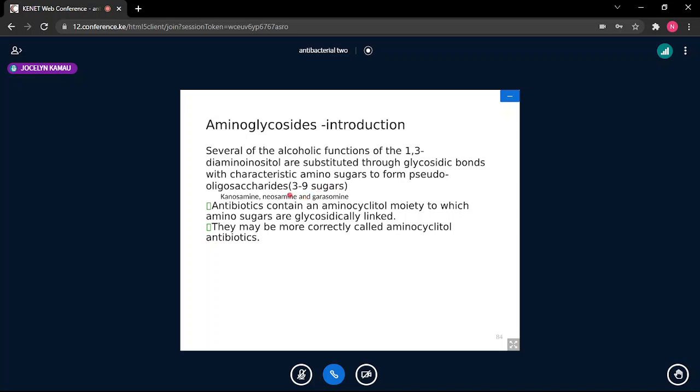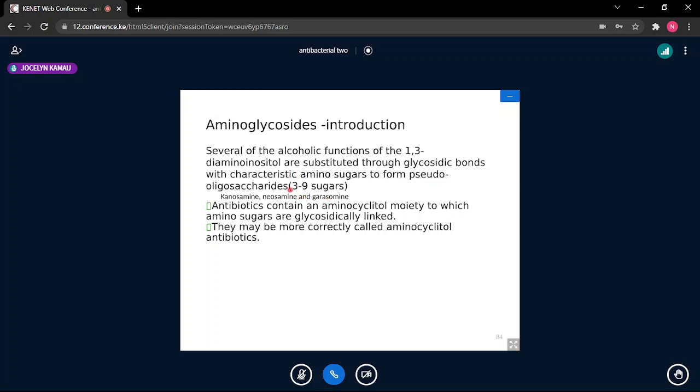The aminoinositols will be joined to amino sugars through glycosidic bonds, and that's why they form what we call the pseudo-oligosaccharides. That means they can have between 3 and 9 sugars.